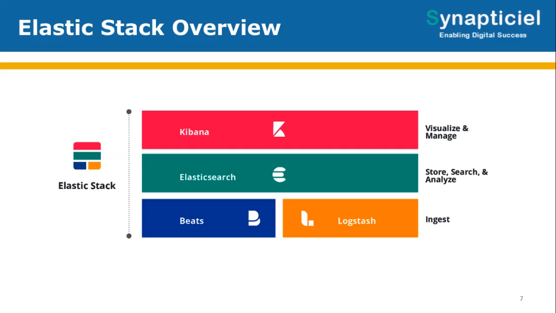And on the bottom, we have two other products that help to ingest data into Elasticsearch. There is Beats, which are data shippers. They have a small footprint and use fewer system resources than Logstash.